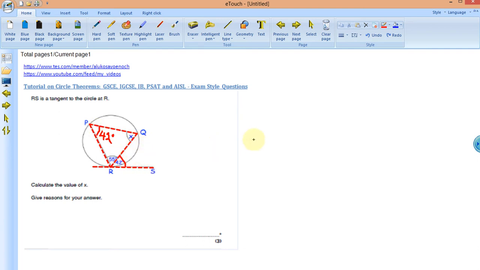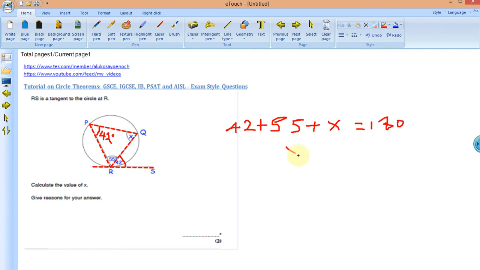So game over already. So I can now use angle sum in a triangle. So angle sum in a triangle, 42 plus 55 plus x. Don't forget that rule is alternate segment, guys. I'm not going to say, they ask us to give reason for our answer. So alternate segment. Then the second rule is angle sum in a triangle equals to 180 degree.